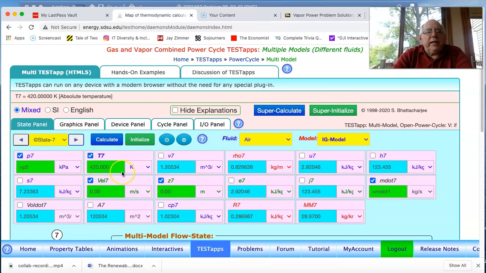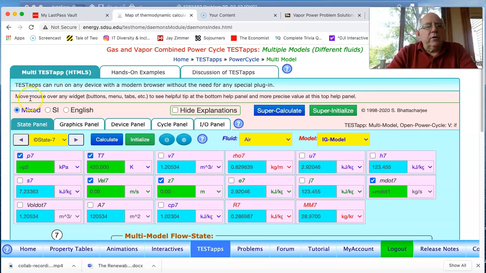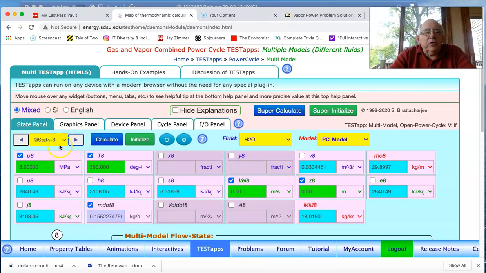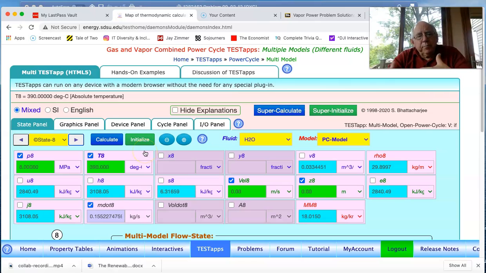And so the difference in temperature, the difference in enthalpy times the mass flow, is then the heat transfer to the boiling of the water. So that's state 7. We now come over to state 8. Now, I have run the problem, and I've already performed the enthalpy balance, and it actually determines what the mass flow rate is on the steam side.